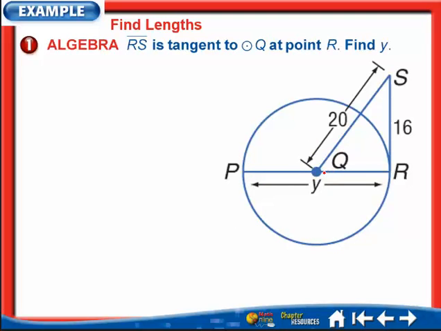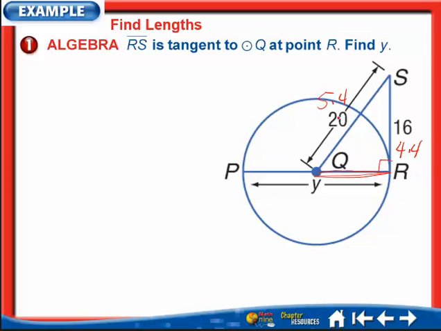Okay, if I know that RS is tangent, then I know this angle right here is a right angle, therefore this becomes a right triangle. I can then solve for QR using a squared plus b squared equals c squared. Again, I notice that this is 4 times 4. This is 5 times 4.